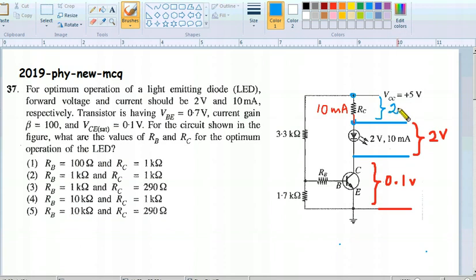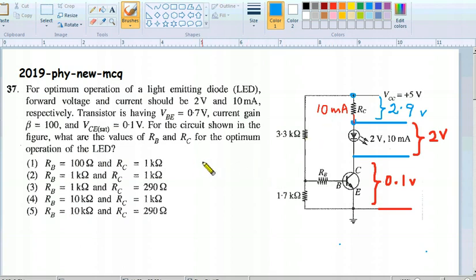That is easy. From 5 volt we subtracted 2 volt and 0.1 volt, then the remaining is 2.9 volt. So that is the value for RC. So we know the voltage across RC and we know the current through it, so we can find the value for RC.